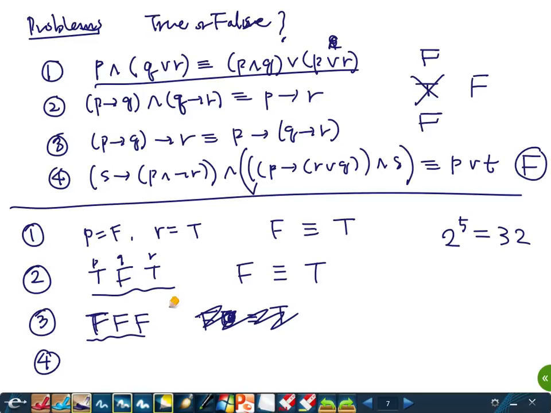All right, so let me talk a little bit about this number 4. The idea is the following. You can notice that t is only here. T is not in the left-hand side, right? So if you change the value of t, suppose that p is true. Then this t can be either true or false, right? If t is true, this will be true. If t is false, this will be false.